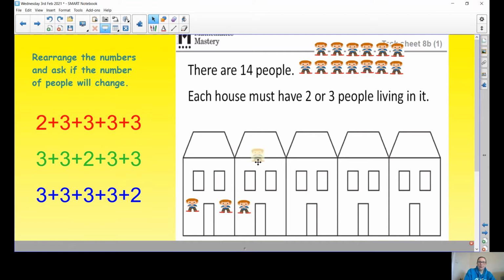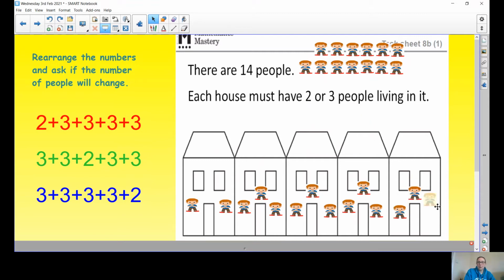So the first one's got 2, second one has got 3, next one has got 3, the next one has got 3, and the last one has got 3.